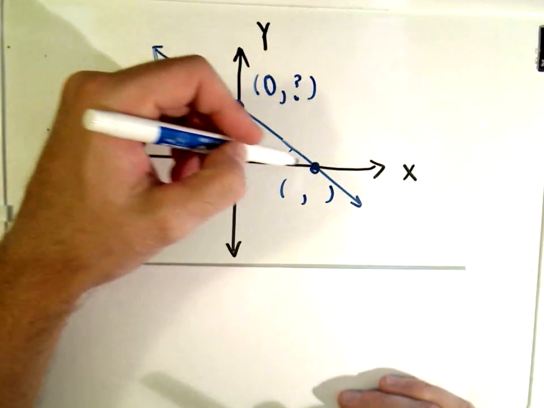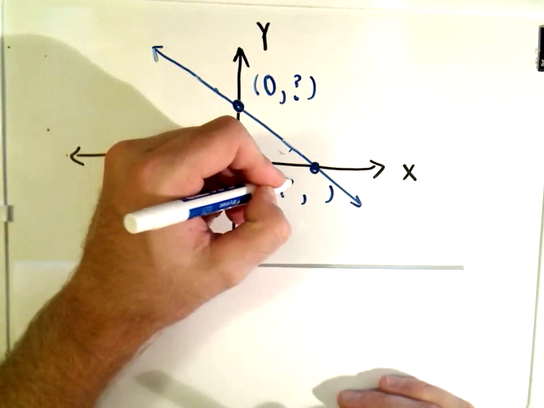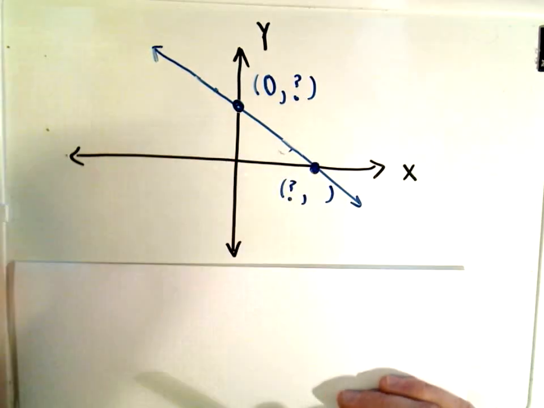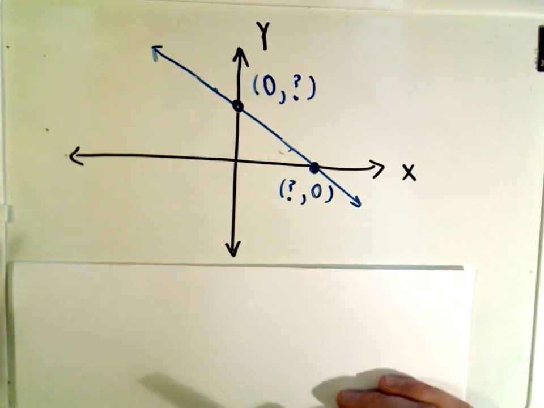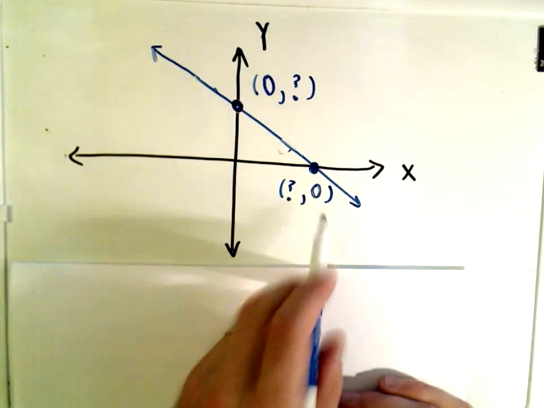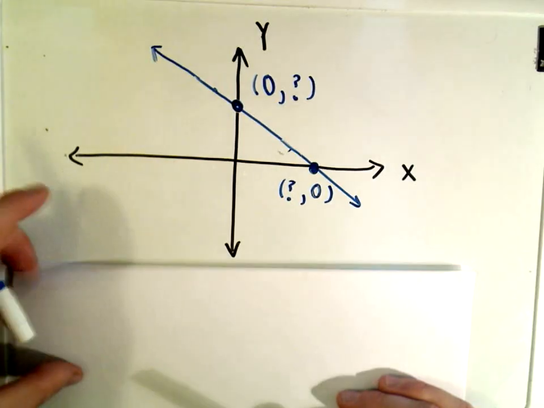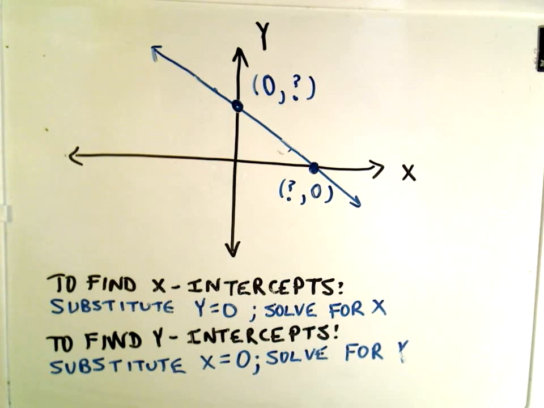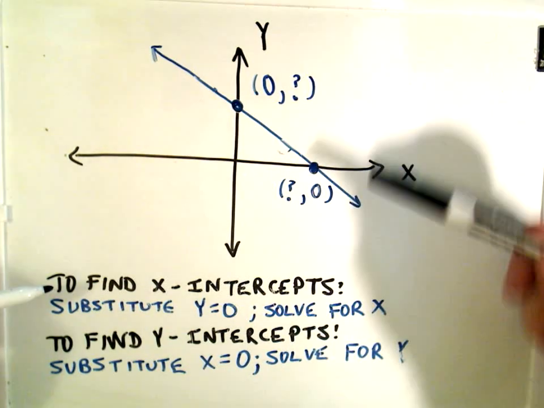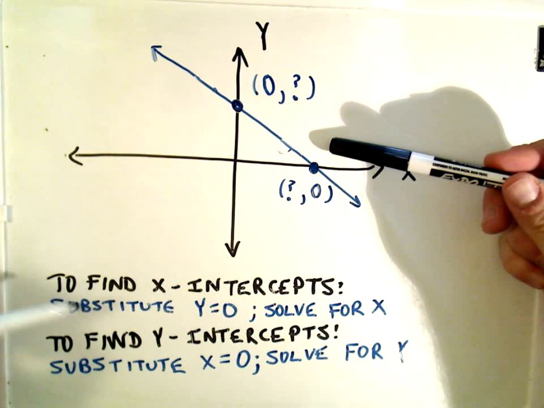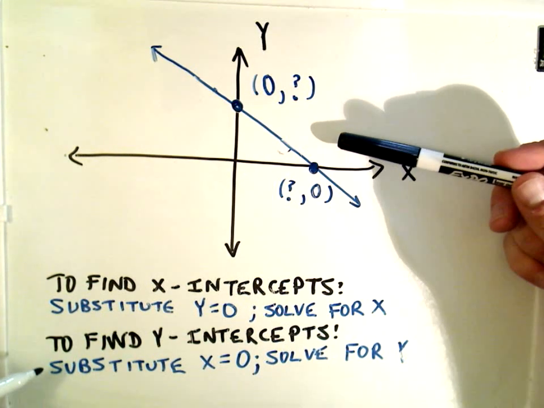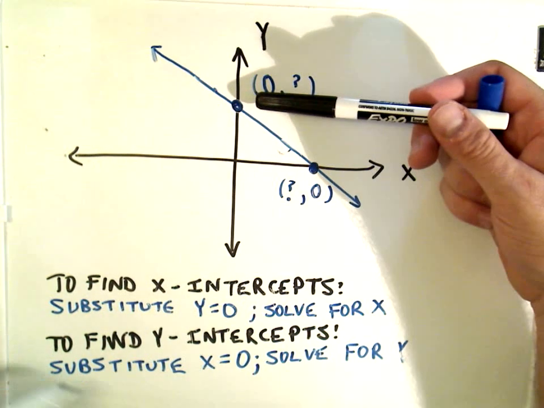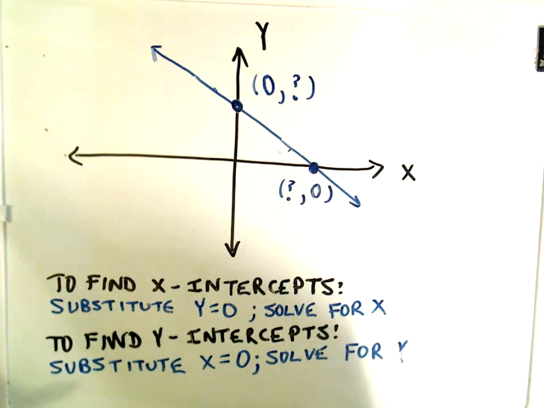Anywhere along the x-axis, the y-coordinate has to be 0, so we plug in y equals 0 and solve. In summary, to find the x-intercept, we substitute y equals 0 and solve for x. To find the y-intercept, we substitute x equals 0 and solve for y.